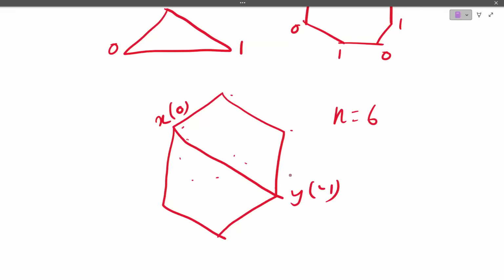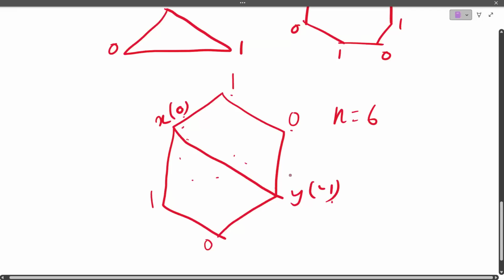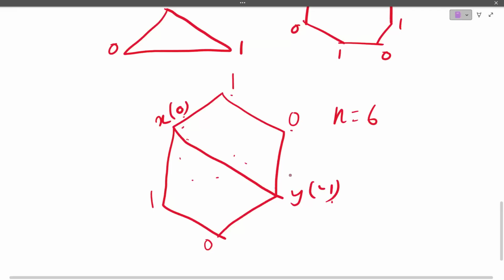So if this is 0, we can simply mark this as 1 and we can mark this as 0, right? Similarly, this is also an even length cycle. So we can keep on just toggling. So if this is 0 and this is 1, then we can just mark 1 and 0, right? So simply, the solution which we designed for pure cycles also very easily extends to the case when there is an edge between x and y.